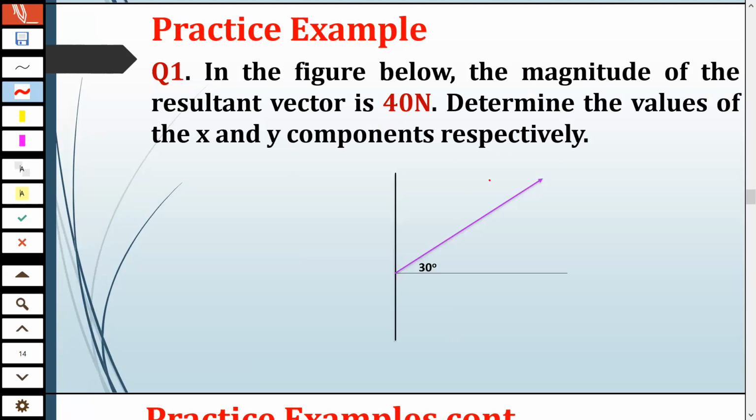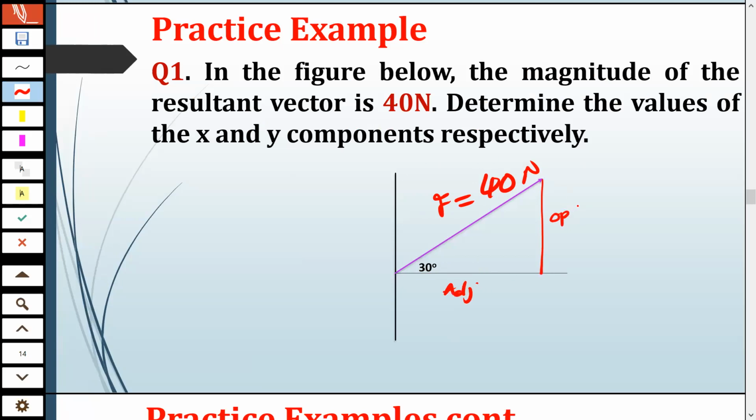So how do you determine the values? So we've been given this 40, our force that has been given is 40 newtons. So now, how do we find the x and y components? We have to make a triangle there, and then we have two sides, the opposite and the adjacent to the angle.